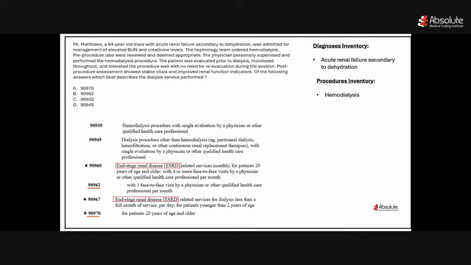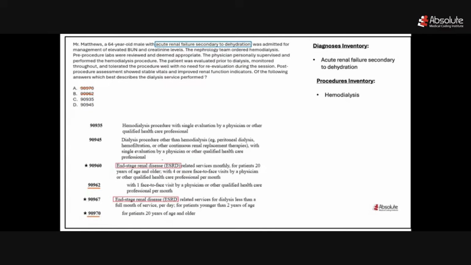And are we coding for ESRD service? No, right? We are not coding for any ESRD service. We are coding for a patient with acute renal failure that is secondary to dehydration. So option A and option B both have to go.